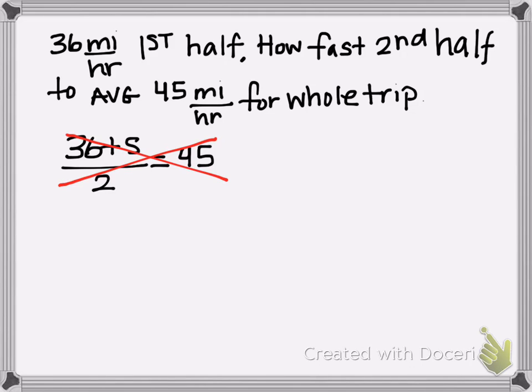First of all, let's start off by saying that what I'm going to be looking for is the time for the first half, which I'll call T1, plus the time for the second half, which we'll call T2, and that should equal the total time.